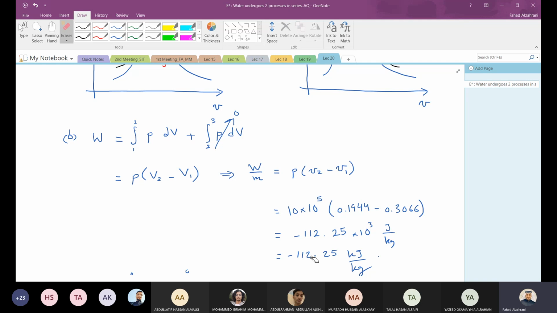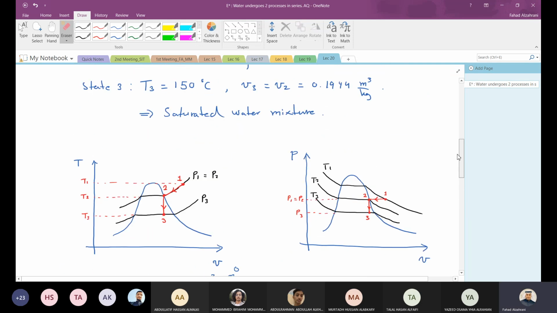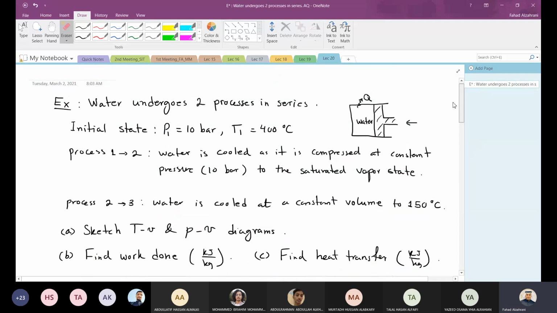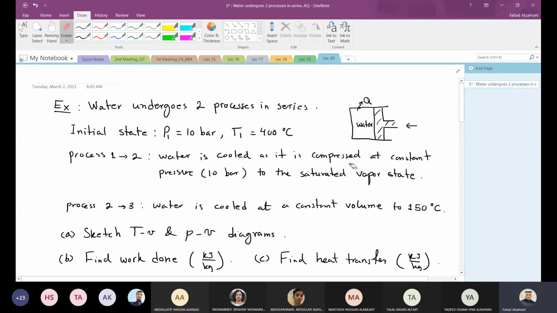إيش يعني negative work here? That means إيش? Is it work done on the system or by the system? By the system. By the system, are you sure? احنا وش كنا قاعدين نسوي هنا؟ We are cooling, so we are compressing, and we said this is compressed at a constant pressure.